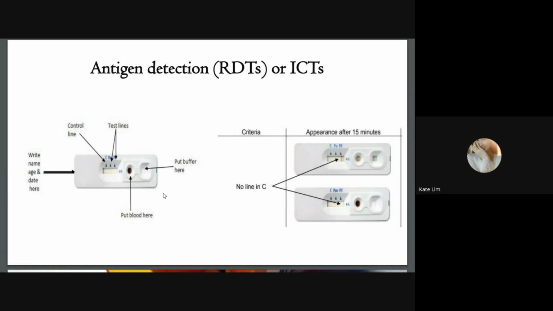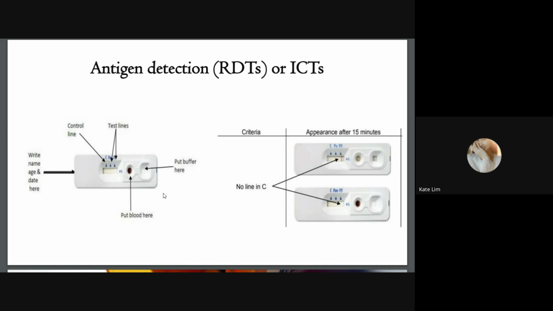The parasite has the ability to release proteins which are considered as antigens that we can identify. If the parasites release antigens, the body would release antibodies to counteract these antigens. So these are the things that we will be identifying in your RDTs.